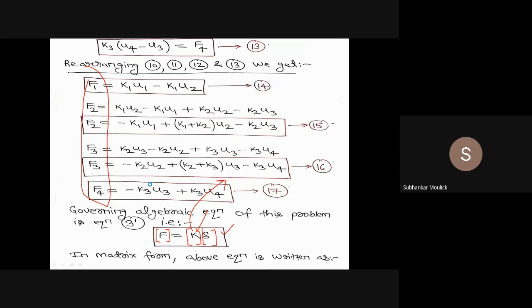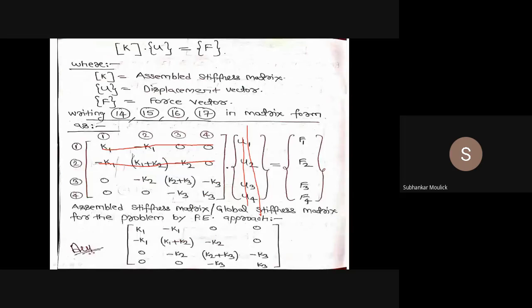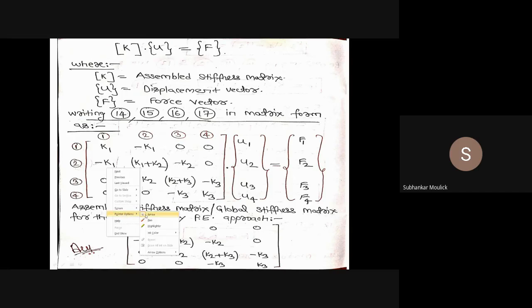By this you can cross verify whether the stiffness matrix which you have generated is correct or not. And this is the final expression which I need to find for this problem.